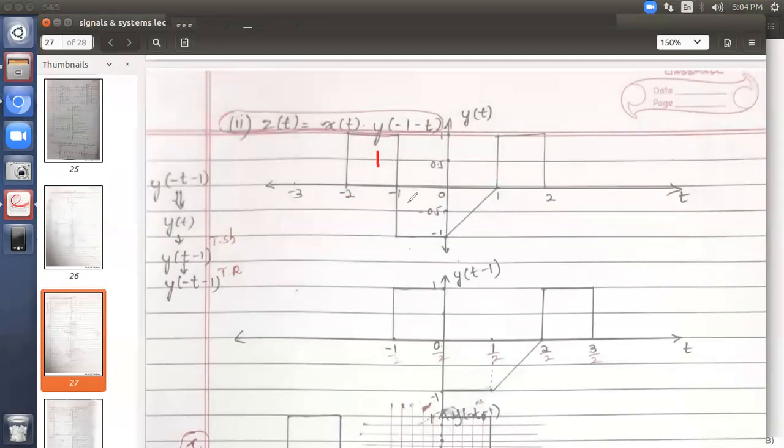This is the first figure, second, third, and fourth. The first pulse, which is between minus 2 and minus 1: if I shift it here, this point will get shifted here, this point will get shifted here. So the pulse is now between minus 1 and 0. Earlier it was here.